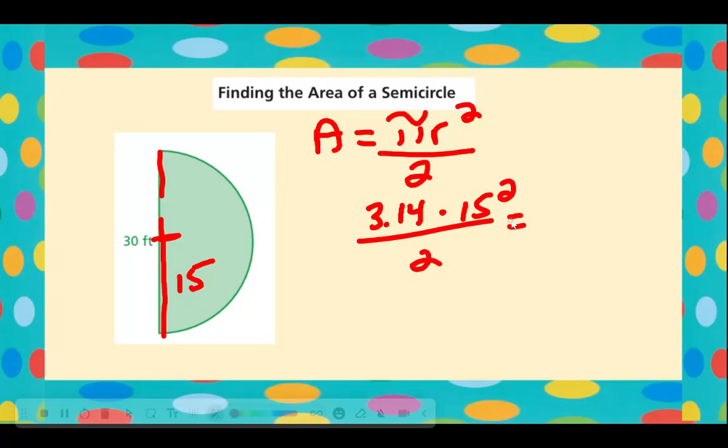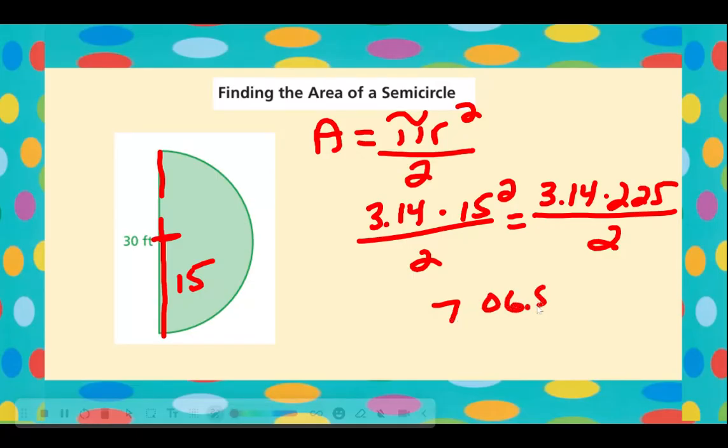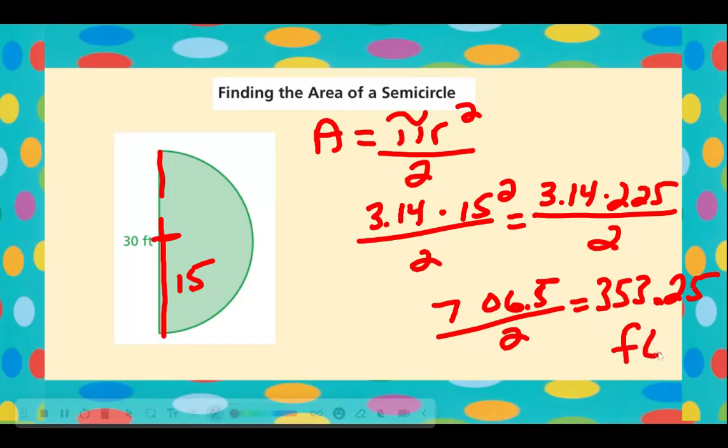So what is 15 squared? 225, good. 3.14 times 225 divided by 2. So pause the video and see if we get the same answer. So 3.14 times 225, I got 706 and 5/10. Now divide that by 2. I got 353.25, and our label's feet this time, feet squared. So 353.25 feet squared.